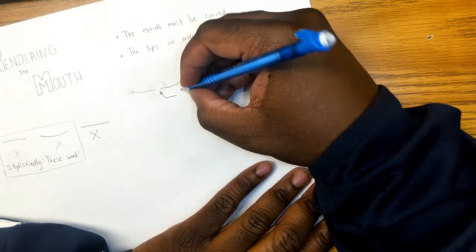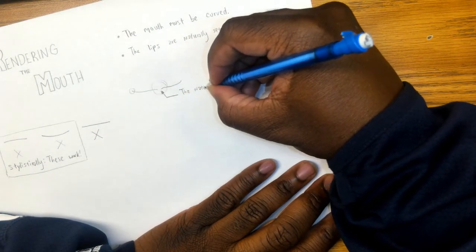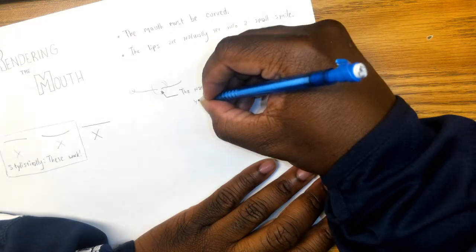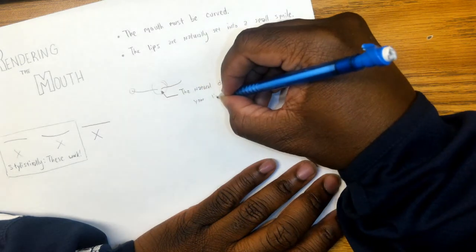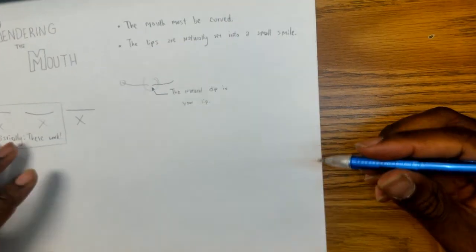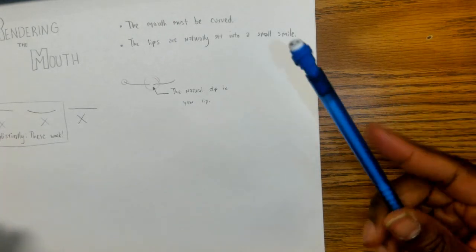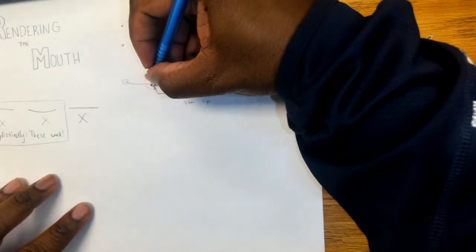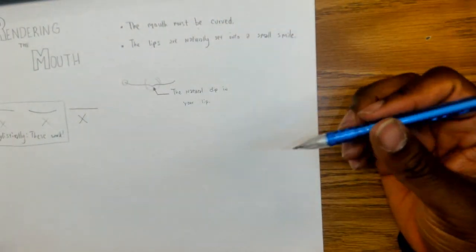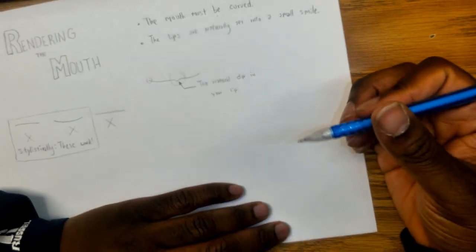This space represents the natural dip in your lip. It's always there. Everyone has it. It's natural. Now, you can complete it if you want. I prefer not to just because it can look kind of turtly if your lines aren't exactly right.